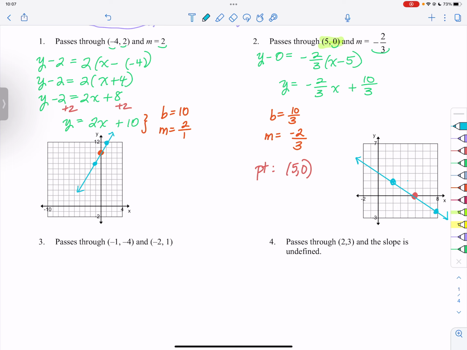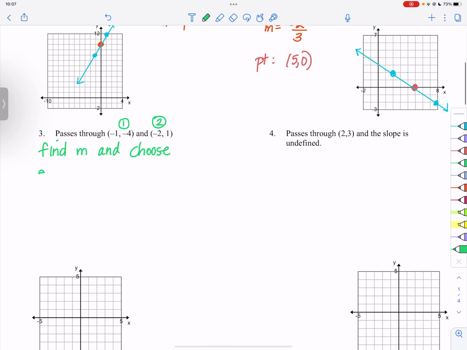Okay, looking at number 3, what do you notice? We have 2 points, but we don't have the slope. So we will need to find m, and then after we find m, we can choose either point to use, since they're both points on the line.